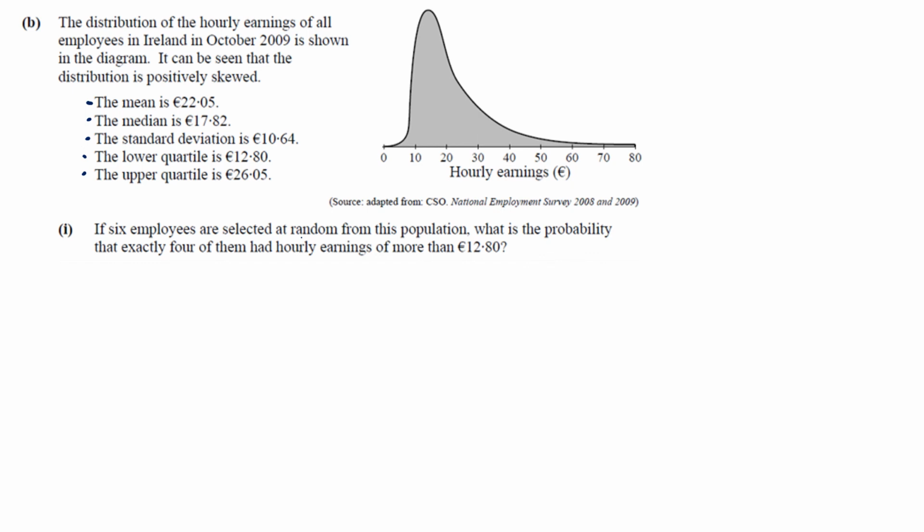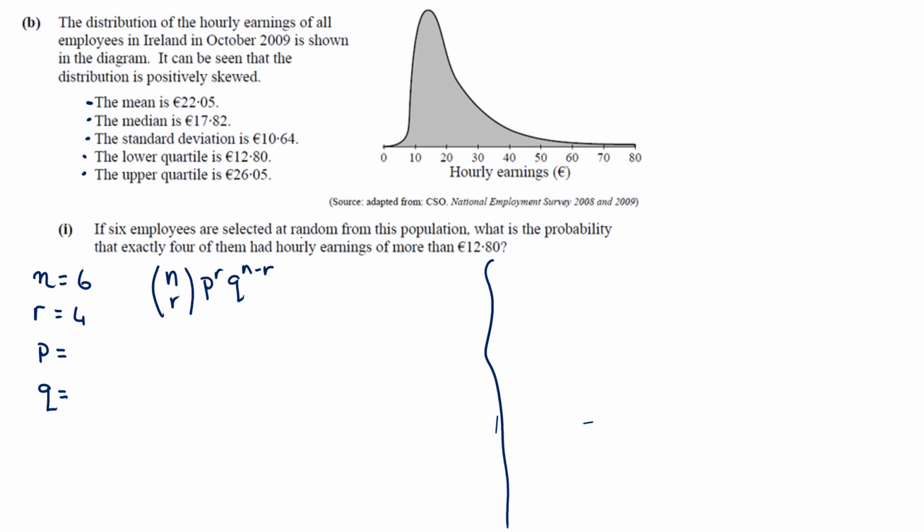So this is actually a binomial, Bernoulli trials. So we have n is 6, r is 4, and we want to figure out what is p and q for this. The formula is n choose r, p to the power of r, q to the power of n minus r. So in order to work out the actual probabilities, imagine this is my data set, and at the very bottom we have a 0.